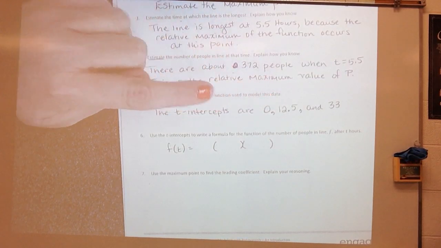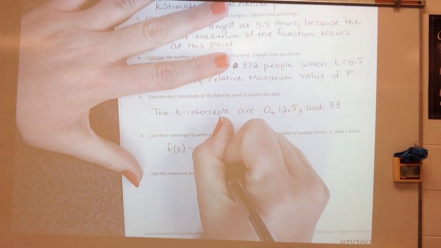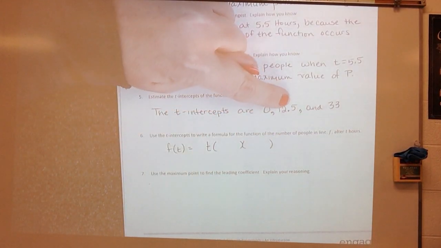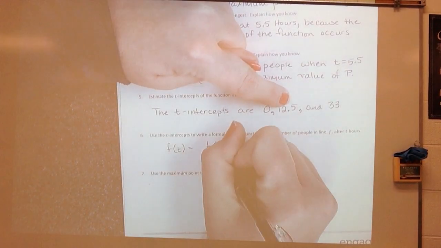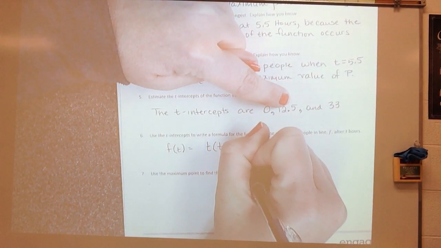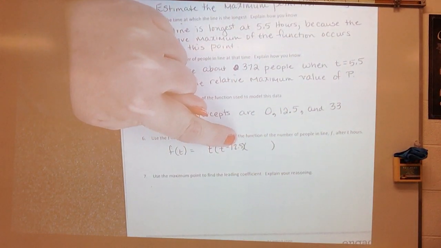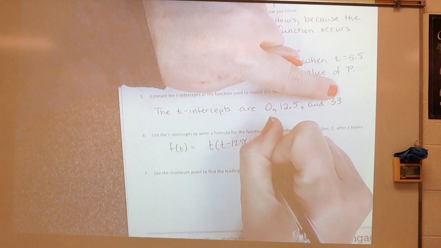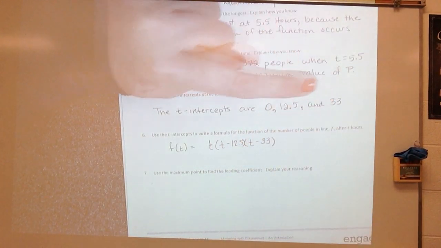So we'll put that out here. That's our t. 12 and a half would be t minus 12 and a half. Because if I were to set that equal to 0, I would get 12 and a half. And then 33 would be t minus 33.